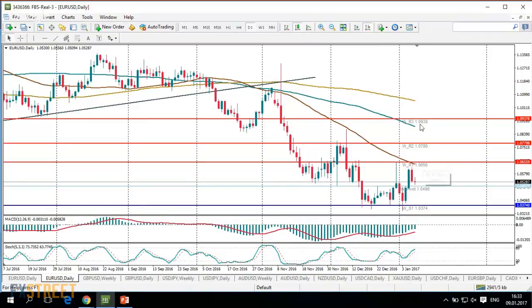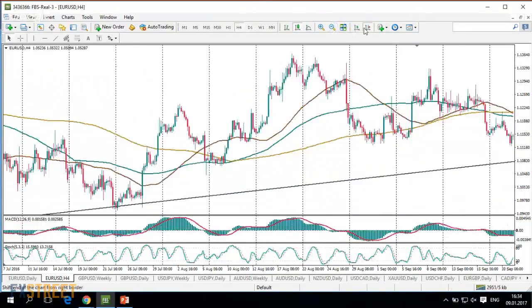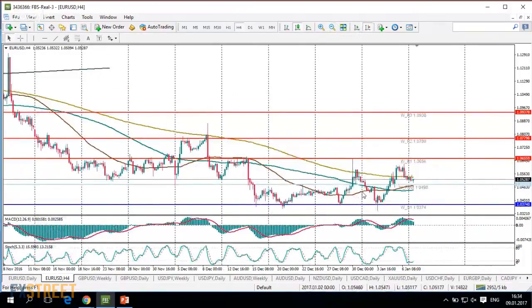I doubt that the single currency will be able to get much higher, probably only if the US data on Friday disappoints. But we will have to wait until Friday for that. And now we see that on the 4-hour chart, trading is rather calm for the euro dollar.